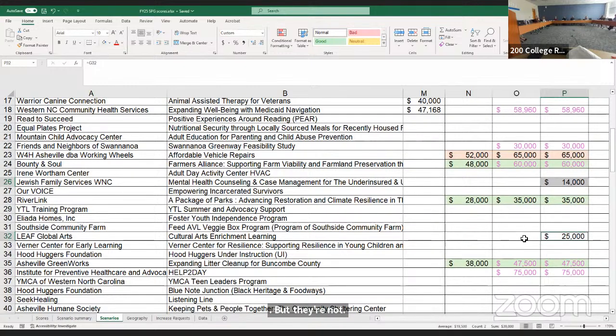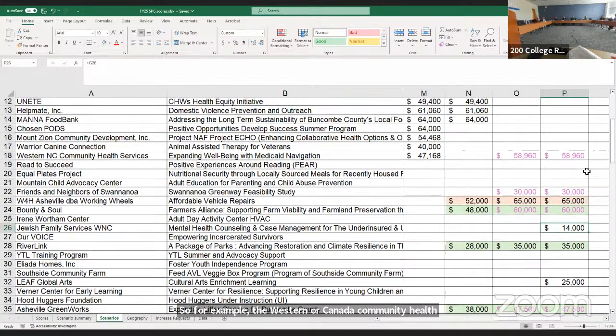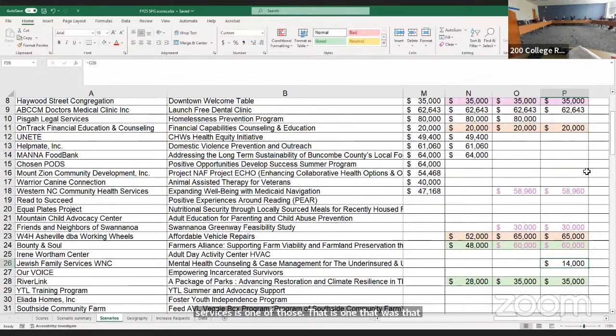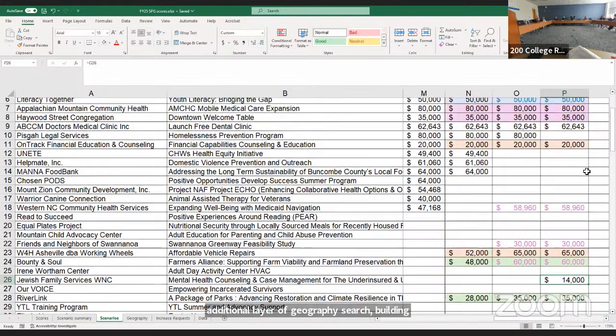They're the ones that are added in each scenario. We're waiting for your screen to refresh. So for example, Western North Carolina Community Health Services is one of those. That is one that was that additional layer of geography served, a Buncombe County service location.